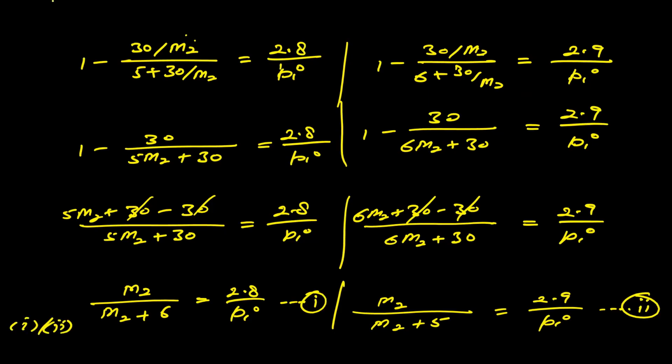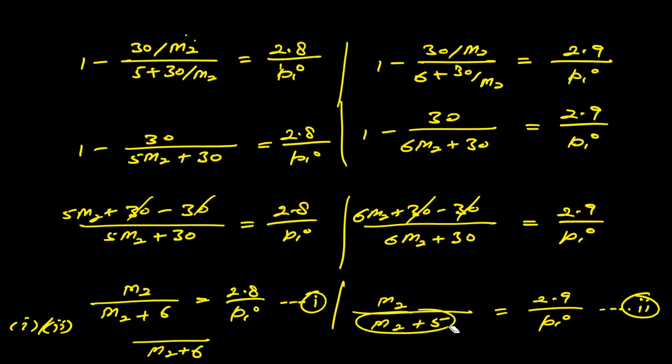So if I do 1 divided by 2, this will be in the denominator because 1 is considered first. So it will be M2 plus 6. This will come in numerator. Obviously, those who are not good in math have to do it. And it will be 2.8 by 2.9.